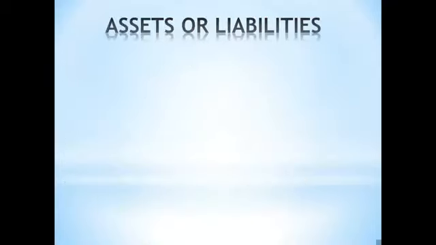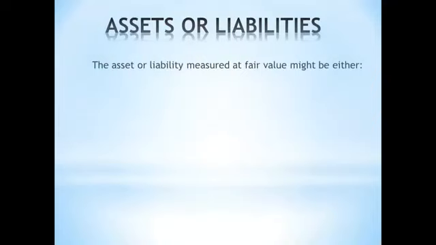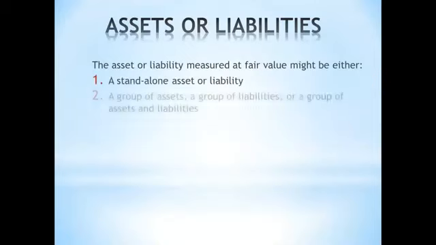Now let's look at the particular asset or liability, which is the main subject of concern. The asset or liability measured at fair value might either be a standalone asset or liability, or a group of assets, a group of liabilities, or a group of assets and liabilities.